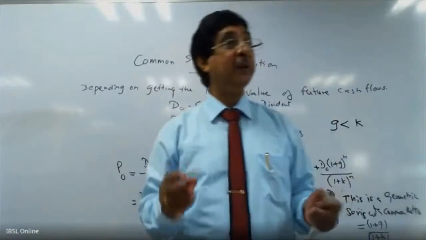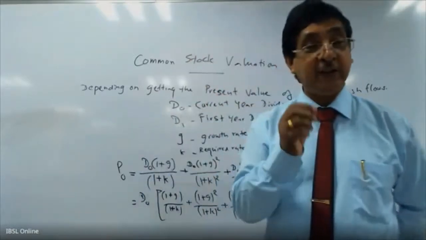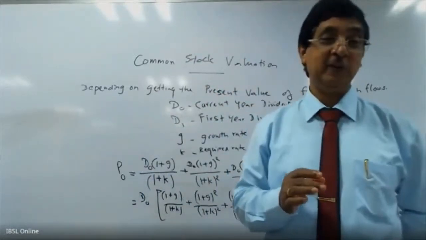What about a fixed dividend? If it is a fixed amount of dividend, g is 0. There's no growth.